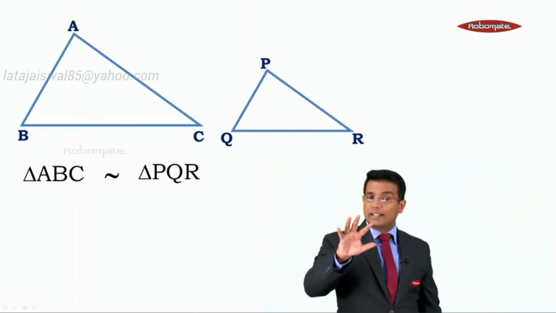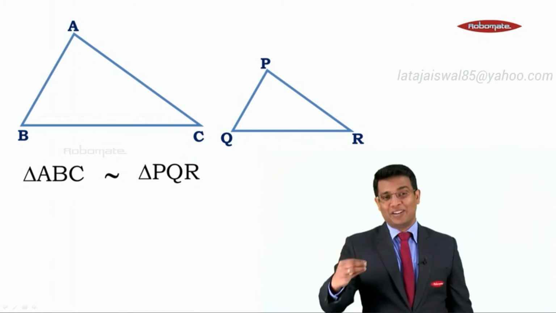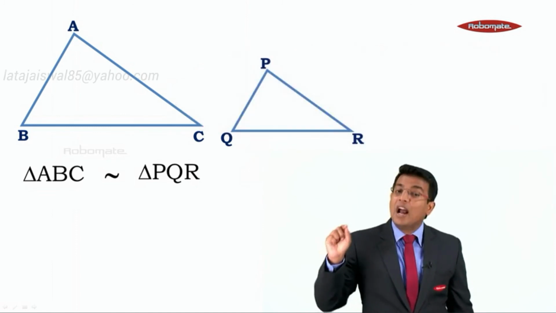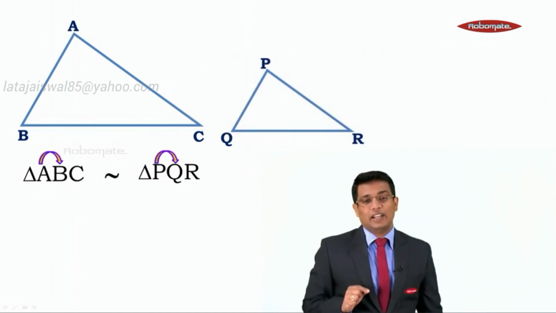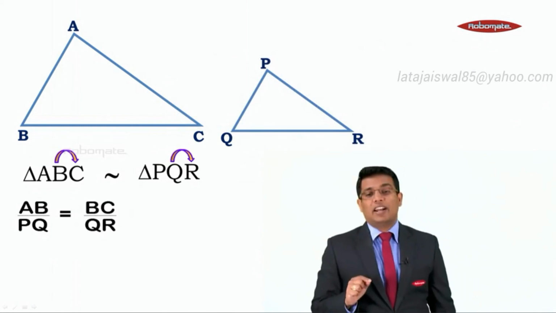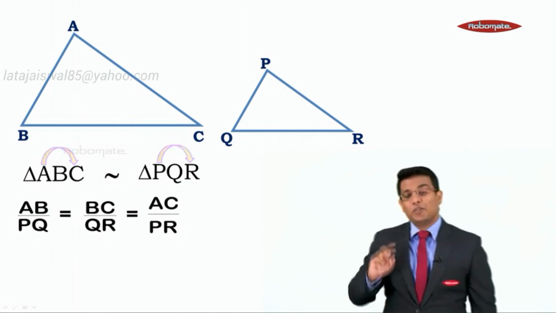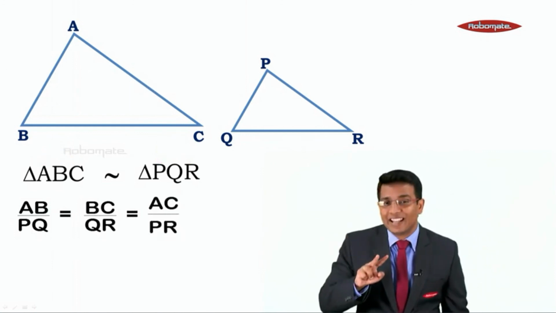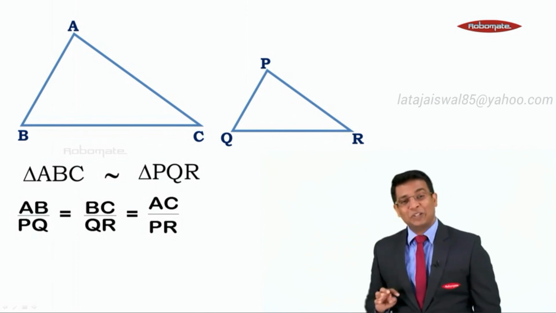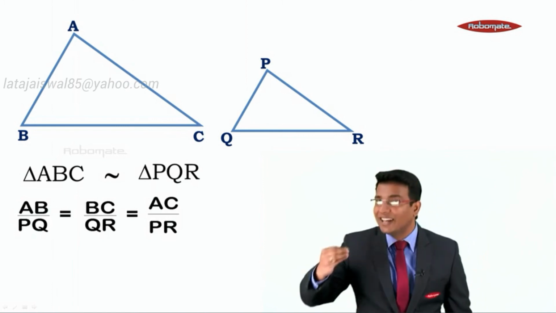Now when two triangles are similar, we just learned that the ratio of the corresponding sides are equal. That means AB upon PQ will be equal to BC upon QR, equal to AC upon PR. That is what we get: first second upon the first second, second third upon the second third, and first third upon the first third. And the reason for that is they are the corresponding sides of similar triangles.